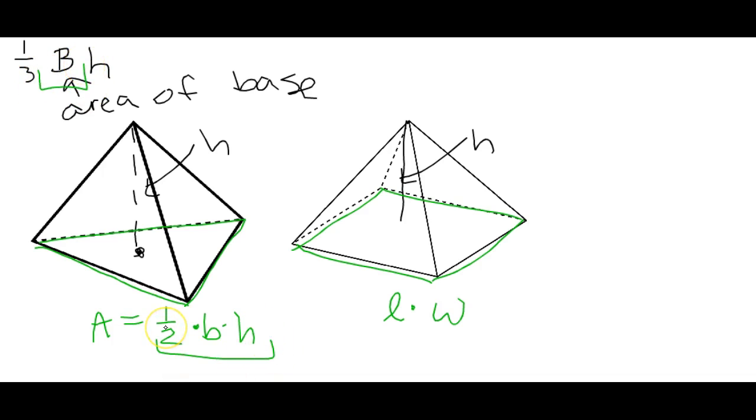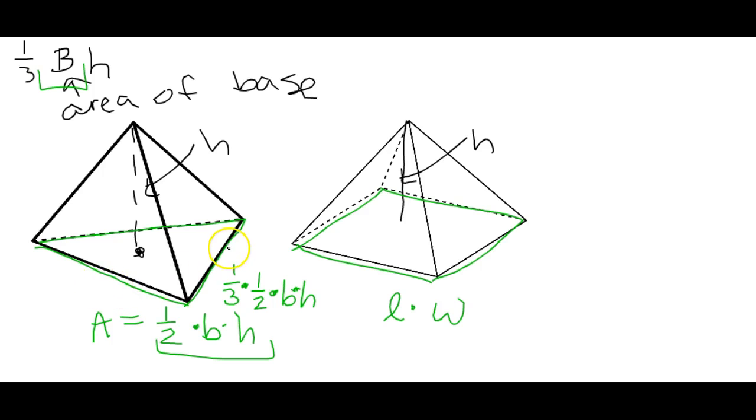So for this first pyramid, we would have 1/3 multiplied by this area formula, so times 1/2 times base times height, times the height of the pyramid itself. So sometimes we switch up how these were originally labeled so we don't end up with two of the same letter.